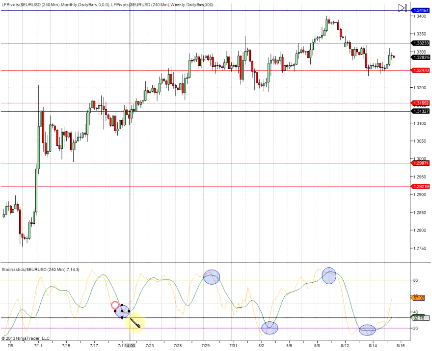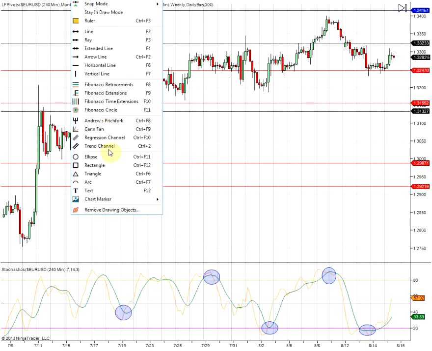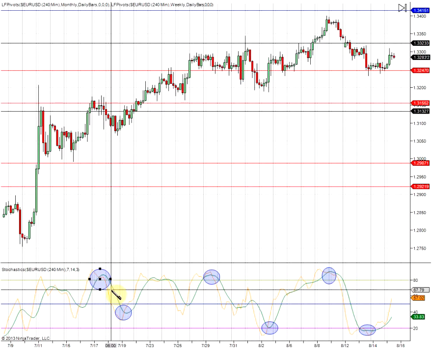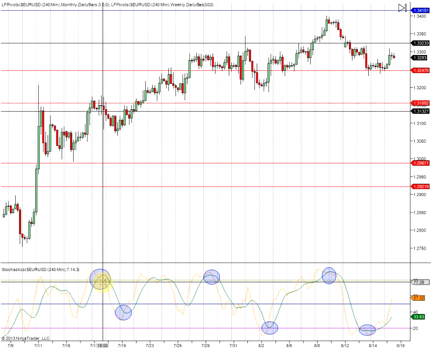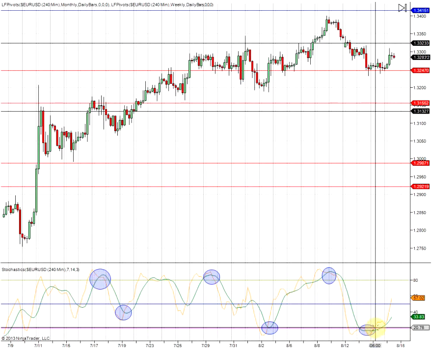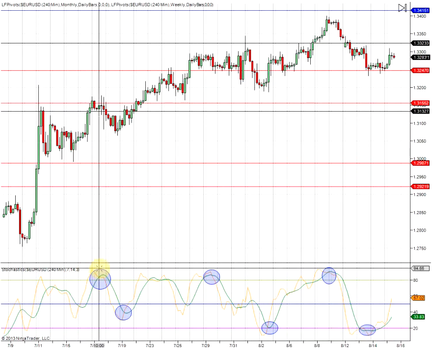These are your long and your short entries. So, whenever that yellow line crosses below that green line, or when that yellow line crosses above that green line, these are your entry points.